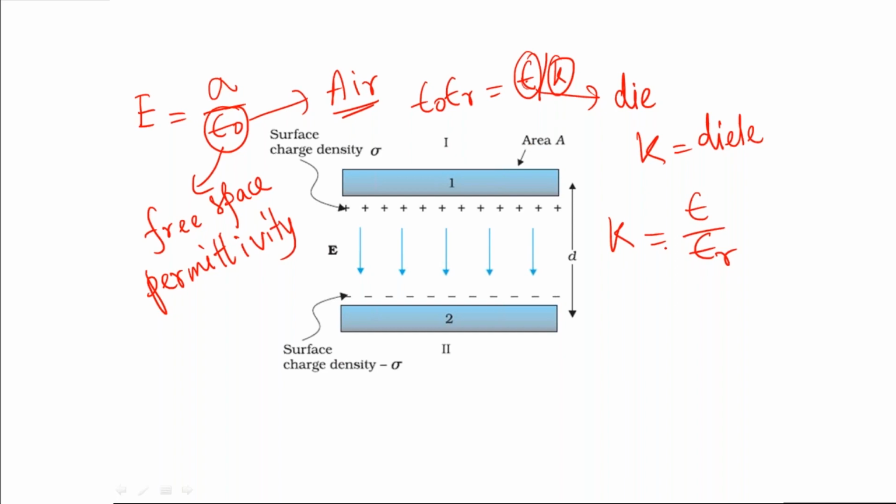This is the absolute permittivity of the material. Okay, this is the relative permittivity of the material. And if you multiply relative permittivity with the dielectric constant, then you get the absolute permittivity for a material.